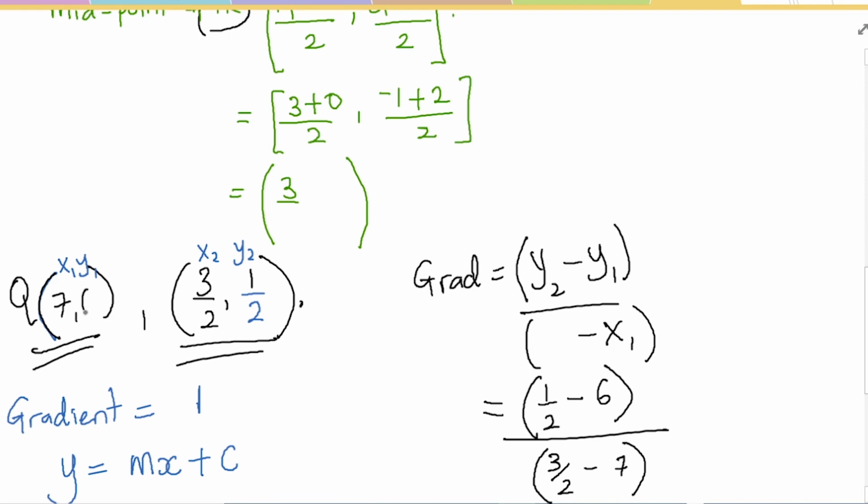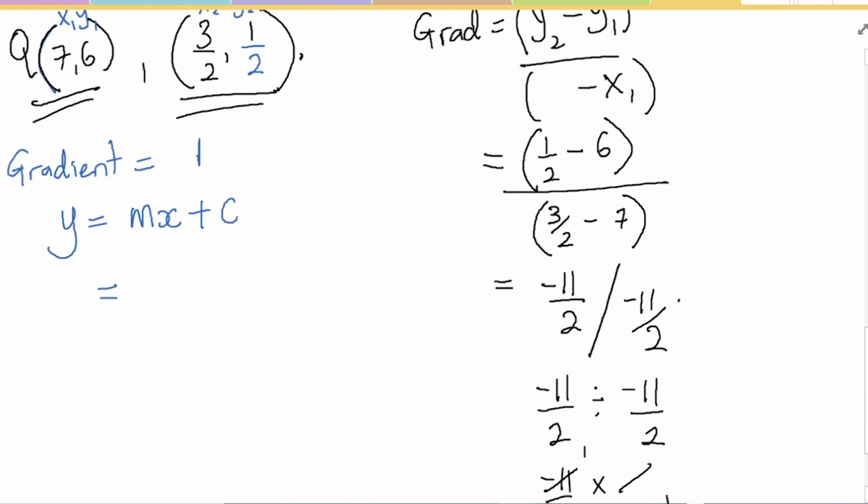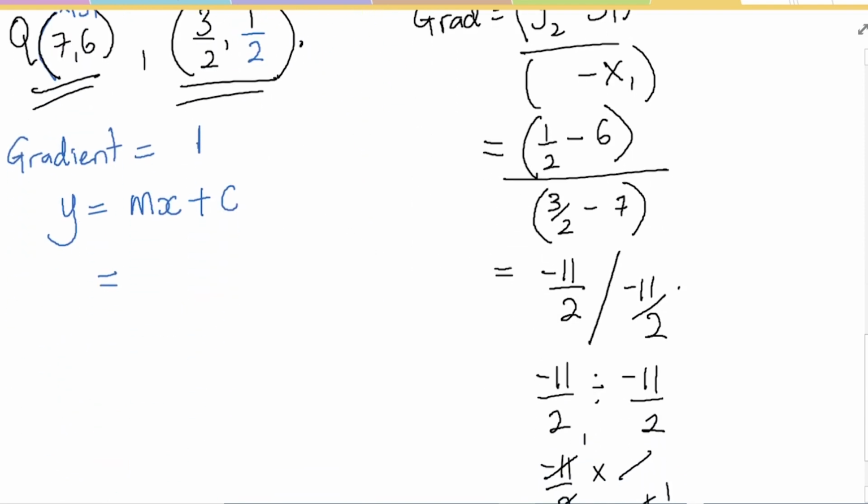This is 7,6. All right, so let's just pick this point here. It is 7,6. My value of y is going to be equal to mx plus c. Our value of m, the gradient, is 1, times x.